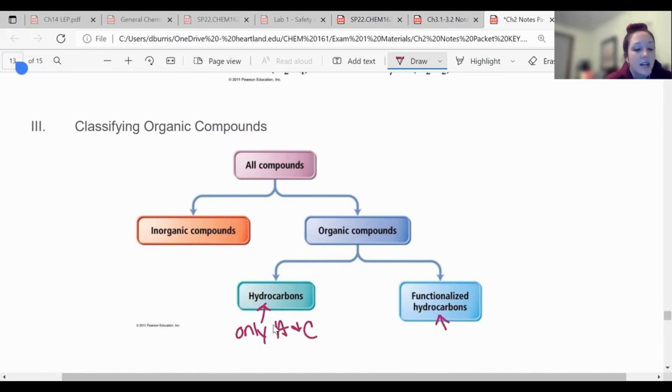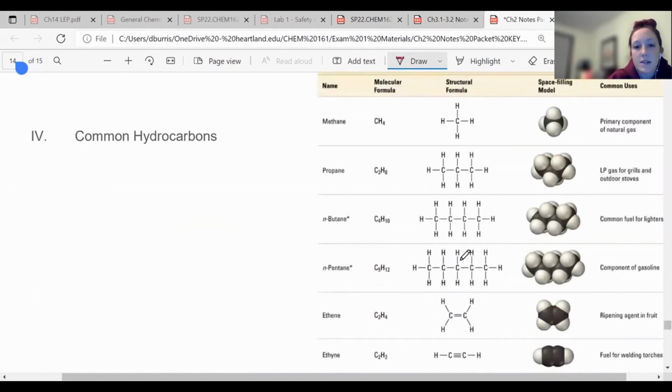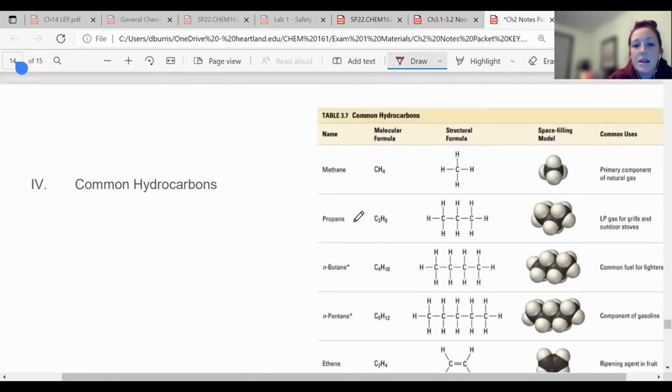There's also functionalized hydrocarbons, and those have functional groups attached to them. If something has a functional group, it can do some other things, so they have different functions. We're going to talk about what functional groups are as well. Some really common hydrocarbons are on this list here. I have methane, propane, butane.